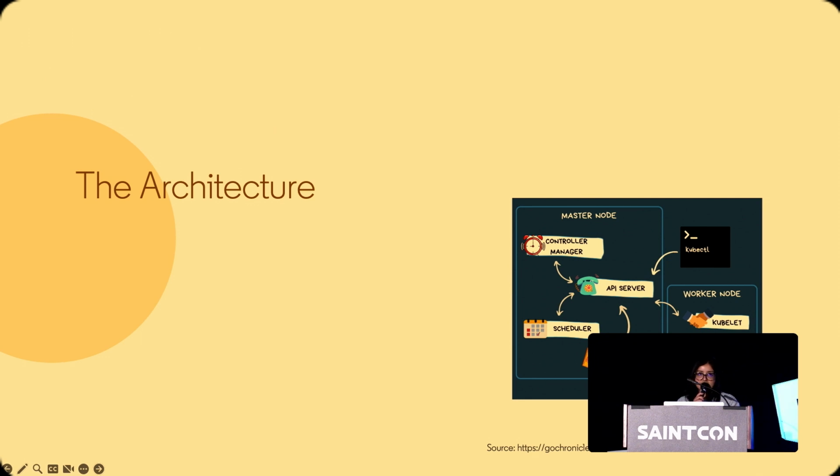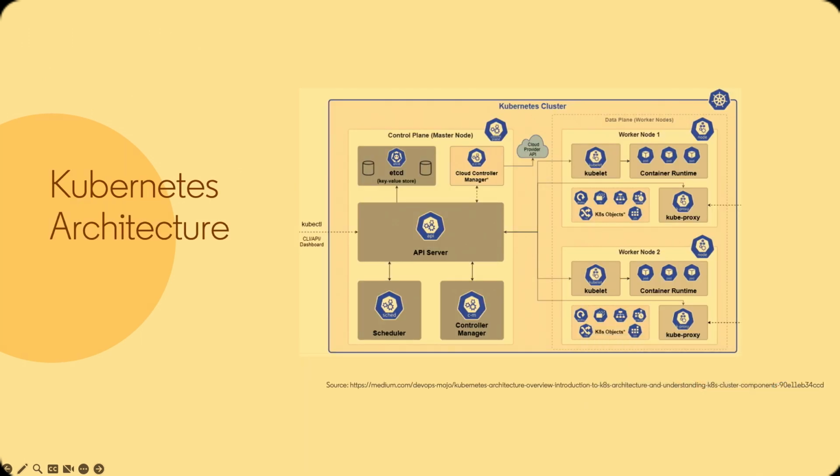Now let's talk about the architecture a bit. So here's a client-server architecture. On the left-hand side, we have the control plane components, the kube scheduler, the etcd, the controller manager, and the API server. And on the right-hand side, we have the worker nodes.